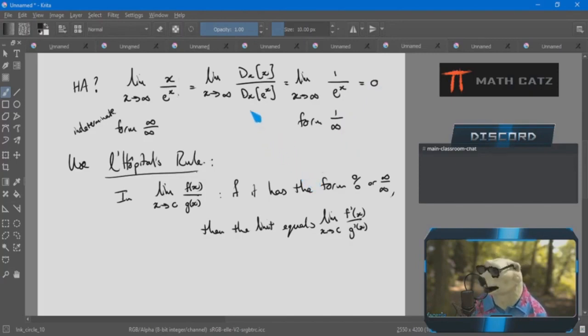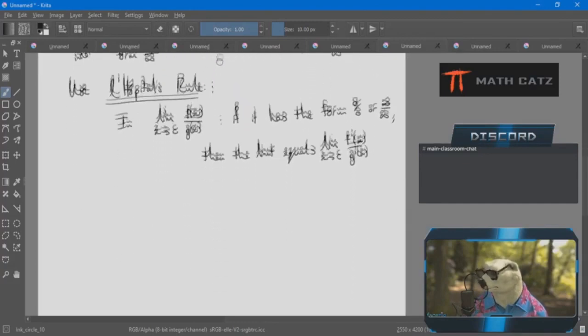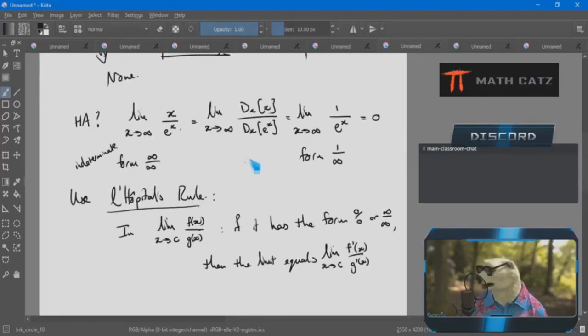Okay. So there's a lot more going on here, and it's because one of the pieces is not a polynomial anymore. L'Hopital's rule is very handy to tell me how this thing behaves, but I can only do it for a limit that looks like this. So I'll squeeze it in here. Horizontal asymptote is there.